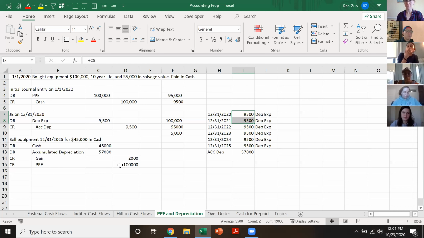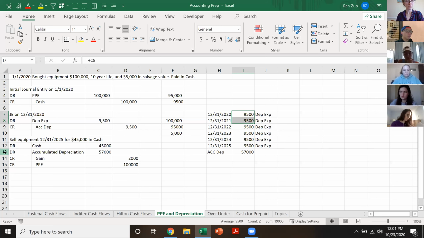Yes. So this is where we're selling that machinery that we bought. We have to reverse out that accumulated depreciation to get it out of our books because we're getting rid of every account related with it. Make sense? Okay, good.